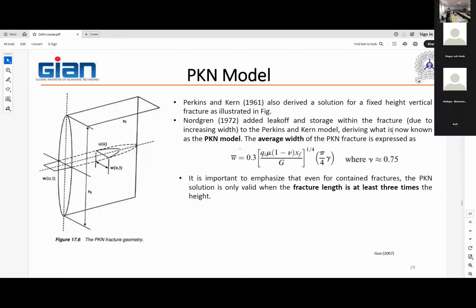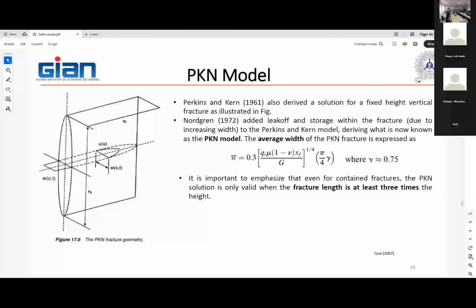So the average width of a fracture here is Q mu 1 minus nu XF. XF is what? XF is the fracture half length here, as you can see here, XF. Okay. Divided by G, the shear modulus, and then pi over 4 times gamma, where gamma is 0.75. Okay. So this is the average width.